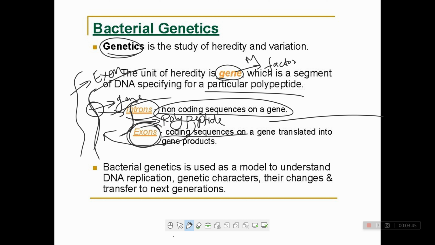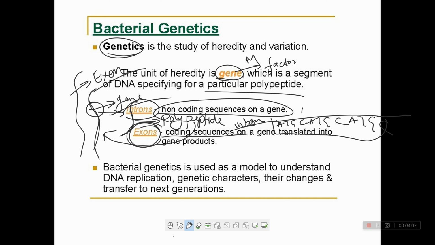Suppose this is a fragment of DNA with the bases ATGC, ATGC, ATGC. This part is the coding part, and this is a non-coding part, meaning this is an intron.